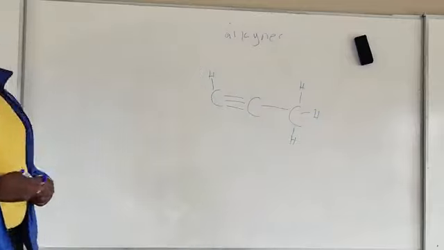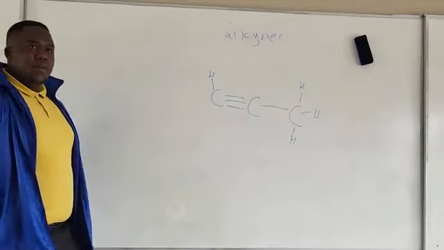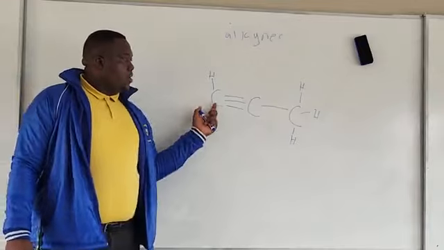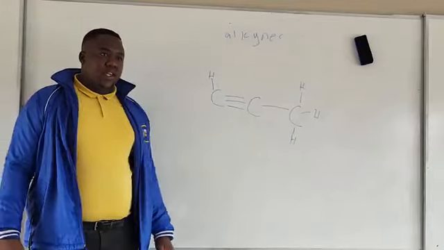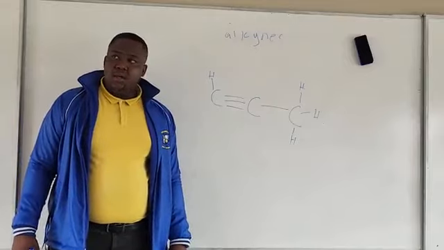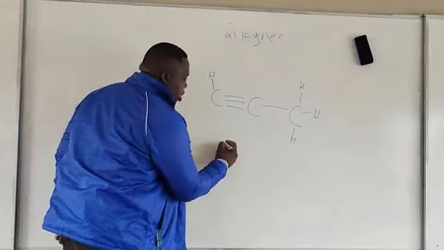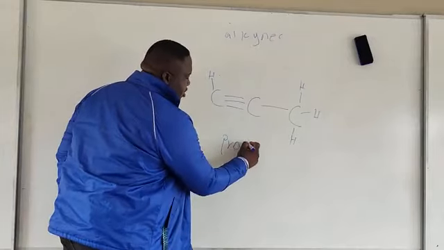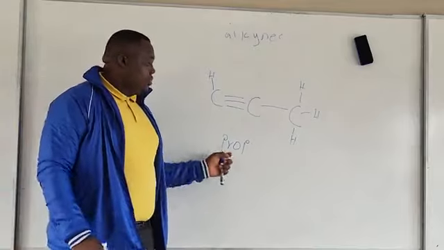Can you see that? What is the name of this one? 1, 2, 3. How many carbons? What does 3 carbon mean? Prop, right? Don't confuse prop with pent, because they both start with P. Pent is 5 carbon. This one is prop.